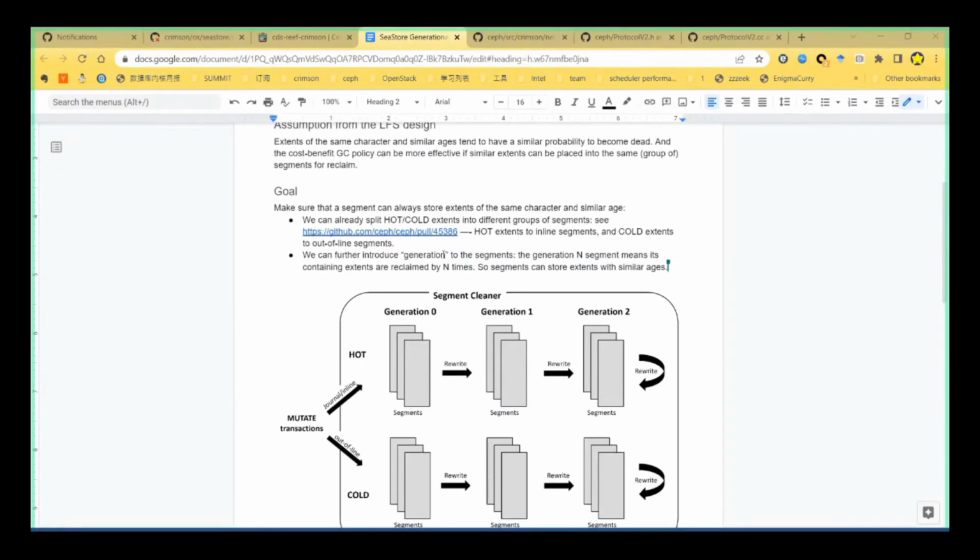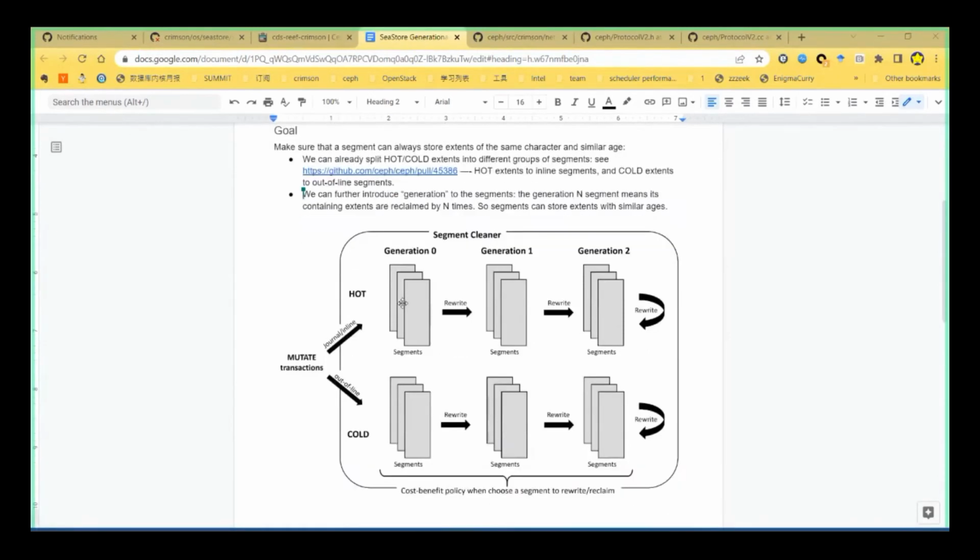And the second part is that I think we can further introduce the generation to segments, so that the generation number n will mean that the containing extents in this segment have been reclaimed n times. It means that a single segment can store extents with similar ages, because similar rewrite history, I think, will imply a similar age.